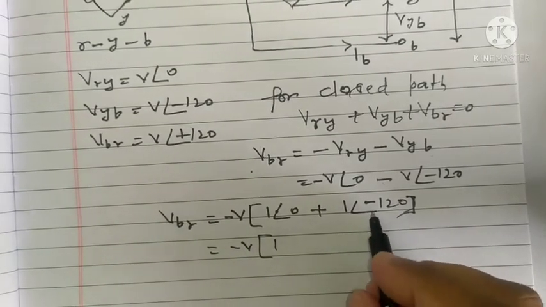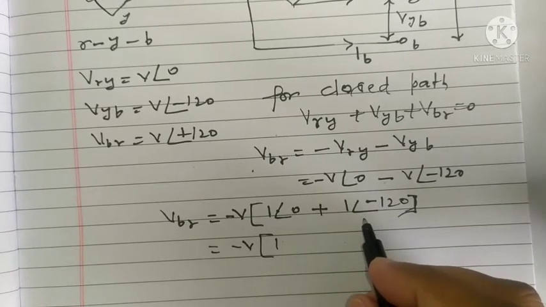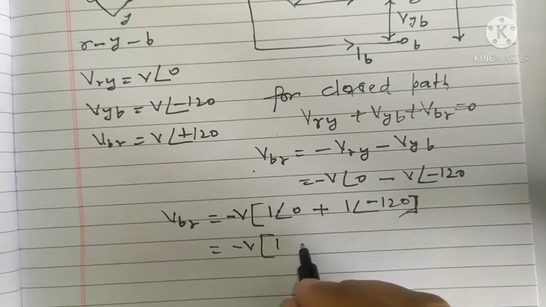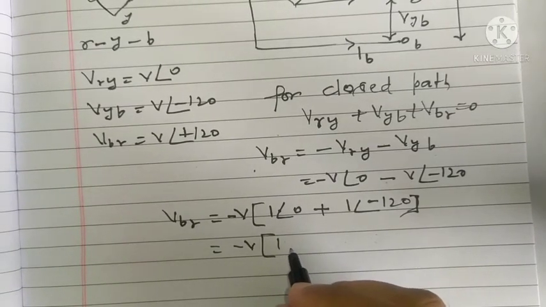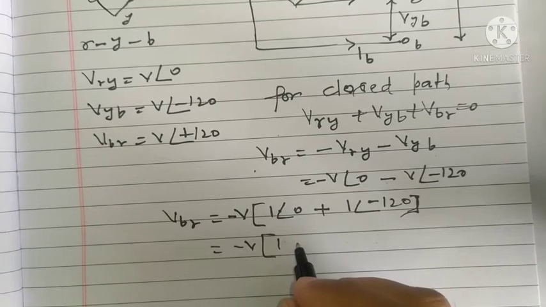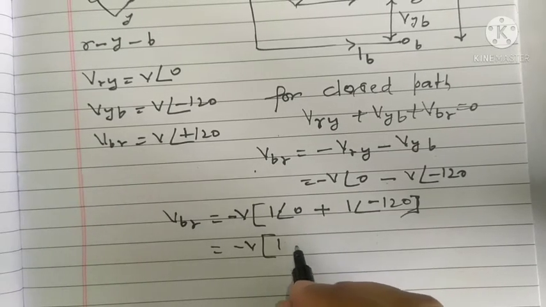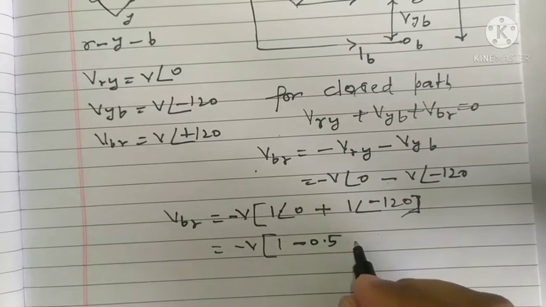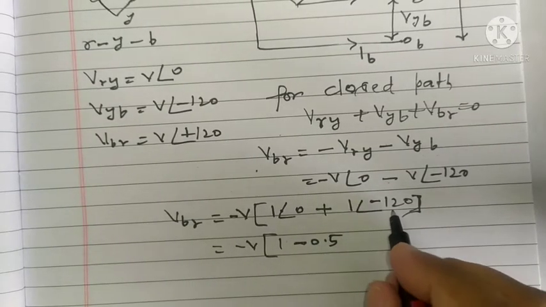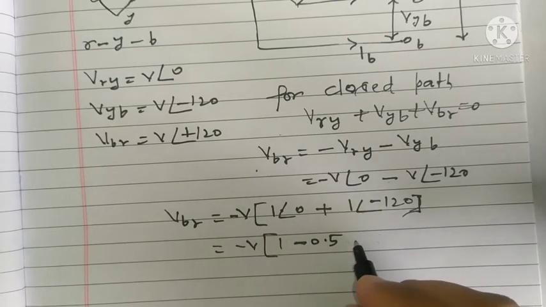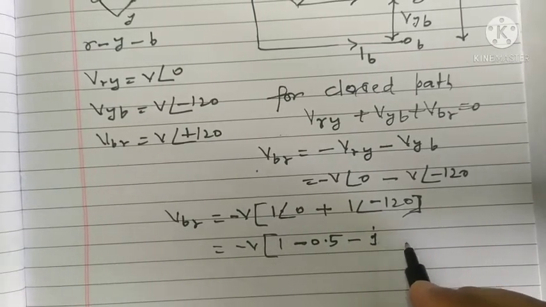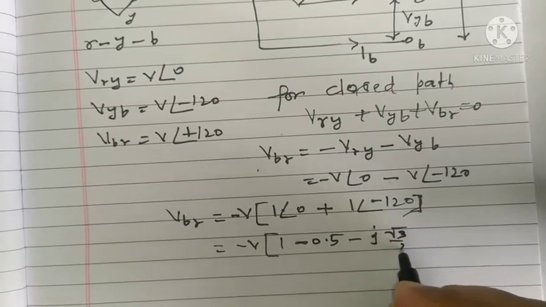and it is expanded as R cos theta plus j sin theta. So 1 cos minus 120, cos minus 120 is cos 120, that is minus 0.5, so it will be minus 0.5 plus 1 sin minus 120, that will be minus only, minus j sin 120, which is root 3 by 2.